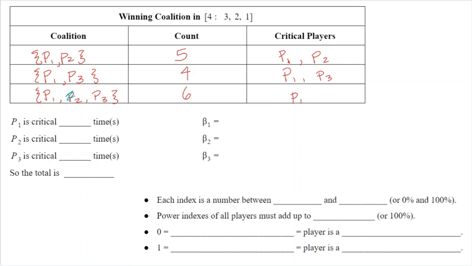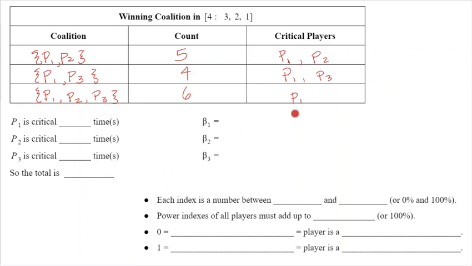But if player 2 changes their mind, can players 1 and 3 pass a motion without them? Yes, that's what we have written here. Players 1 and 3 can win. So player 2 is not critical. And if player 3 changes their mind, can players 1 and 2 win without them? Yes, so player 3 is also not critical. Player 1 is the only critical player in that third coalition.